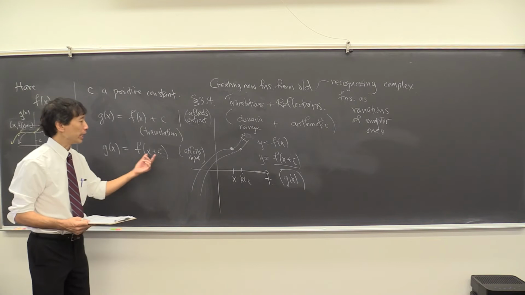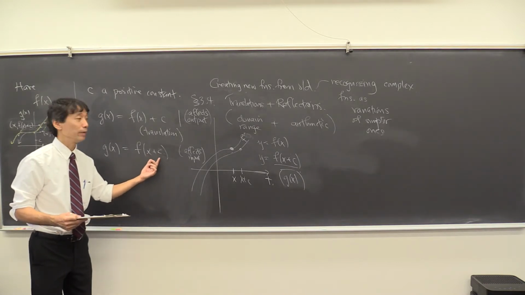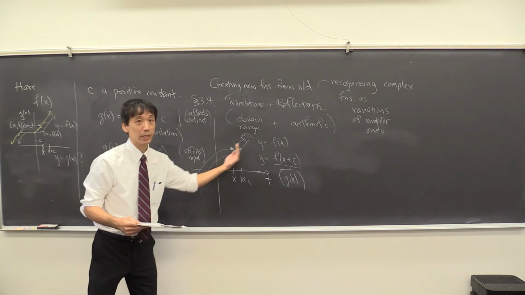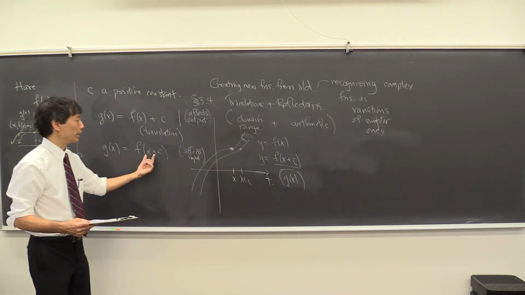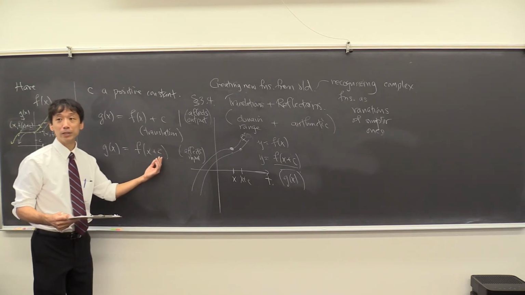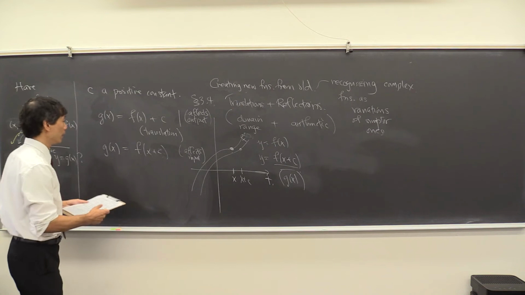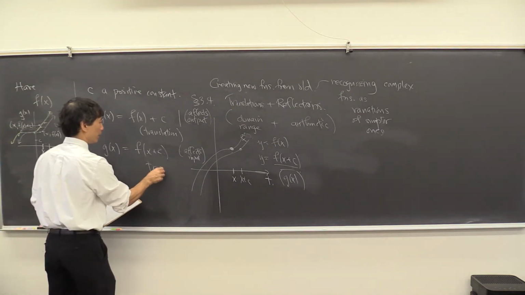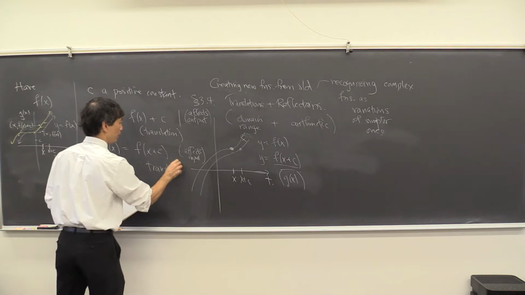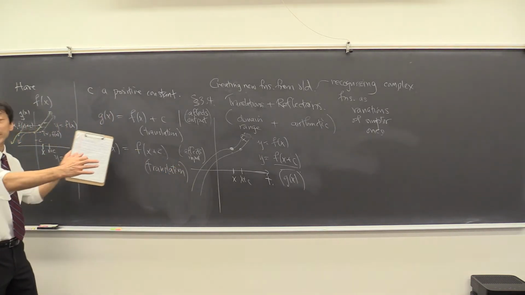Okay. And again, if I have f of x minus c and c is positive, then I'm going to shift in the opposite direction. It's going to be slower. It'll be x minus c, so it'll have a delay of c rather than an advance of c. So this is also called a translation, where you take the whole graph and slide it around.